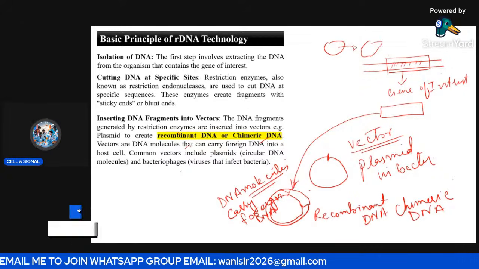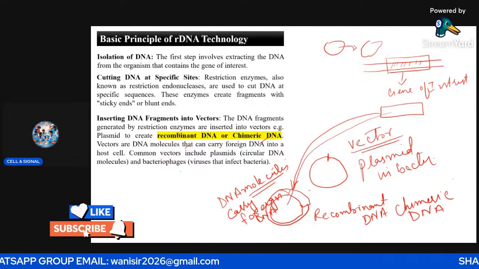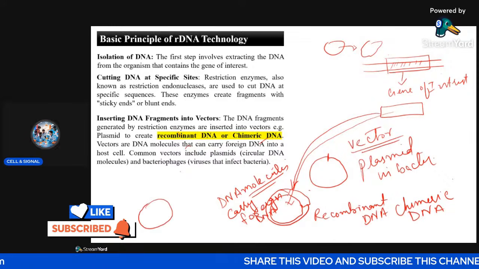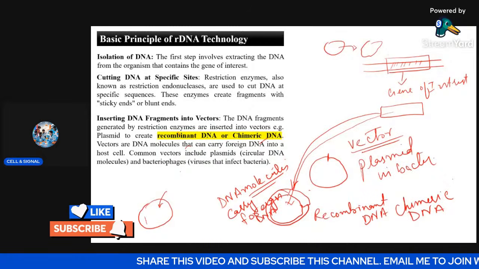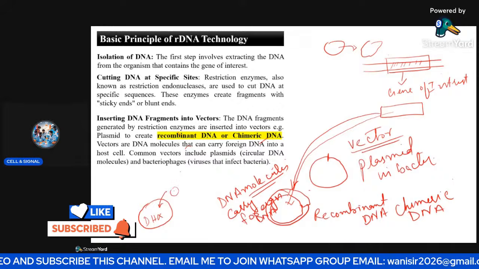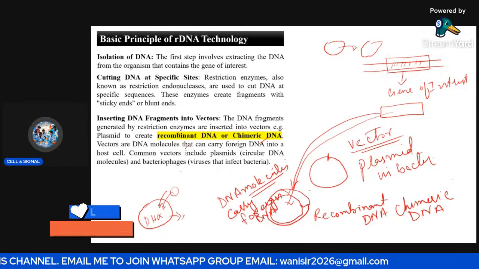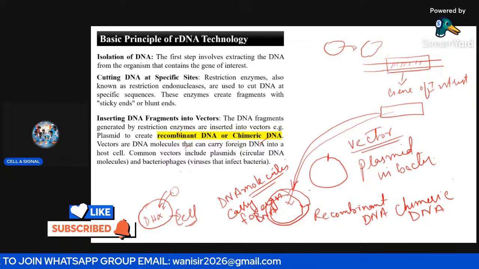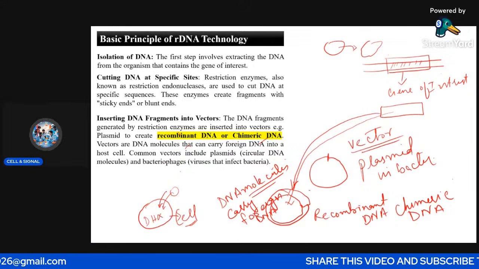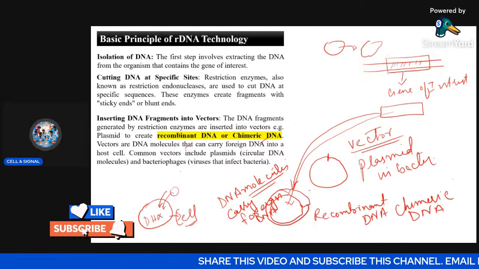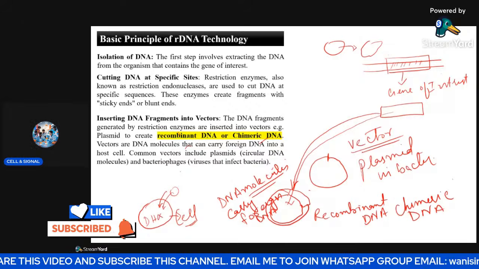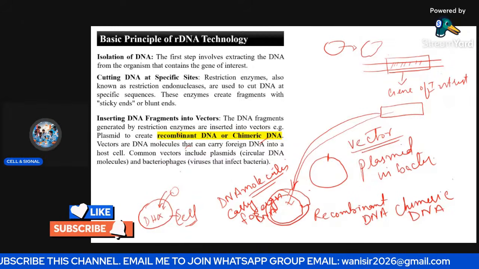After introducing the gene of interest into the vector, that is the plasmid, we can now introduce it into the competent cell, and DH alpha can be the competent cell. This vector will go inside this competent cell, and this cell will then clone it, and we will get multiple copies of this gene of interest. So common vectors are circular plasmid molecules and bacteriophage, that is the virus that infects the bacteria. These are the common vectors.